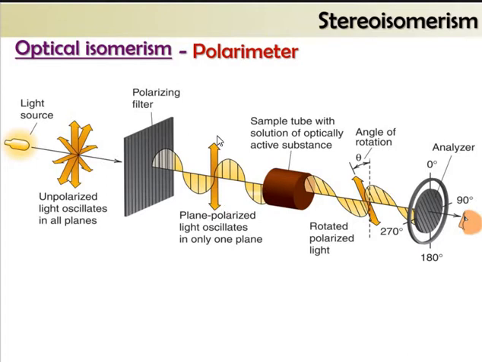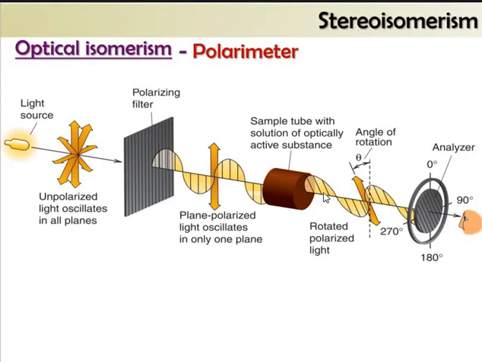So the light yang one direction only ni, dia akan rotate bila dia masuk dalam tube yang mengandungi sample, which is an optically active substance. Dia akan rotate the light here, whether positive or negative, sama ada ke right ataupun to the left.